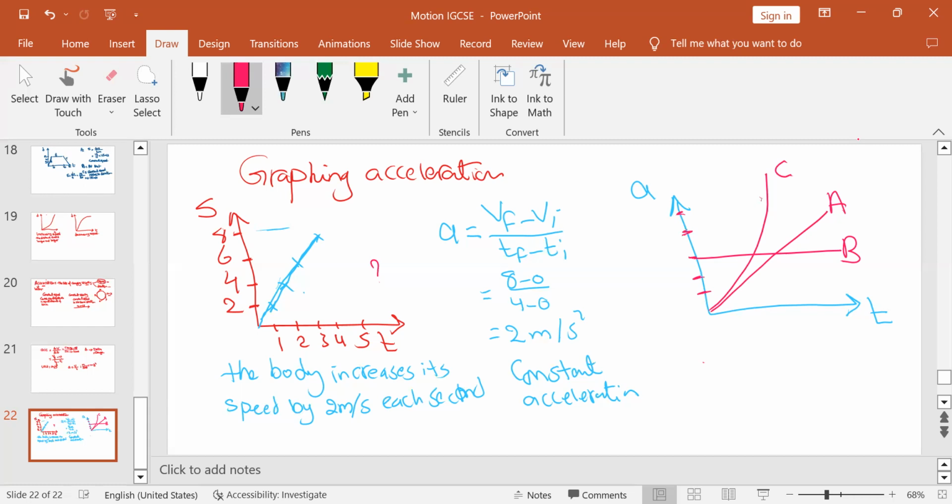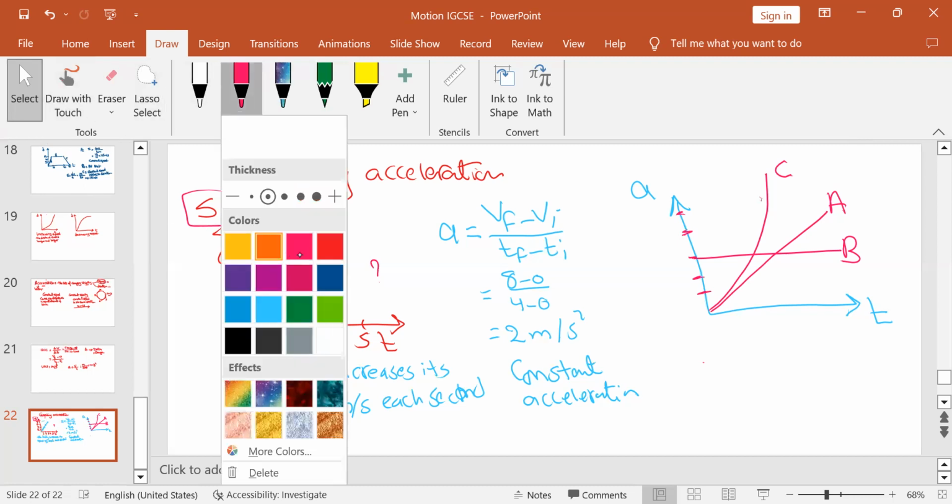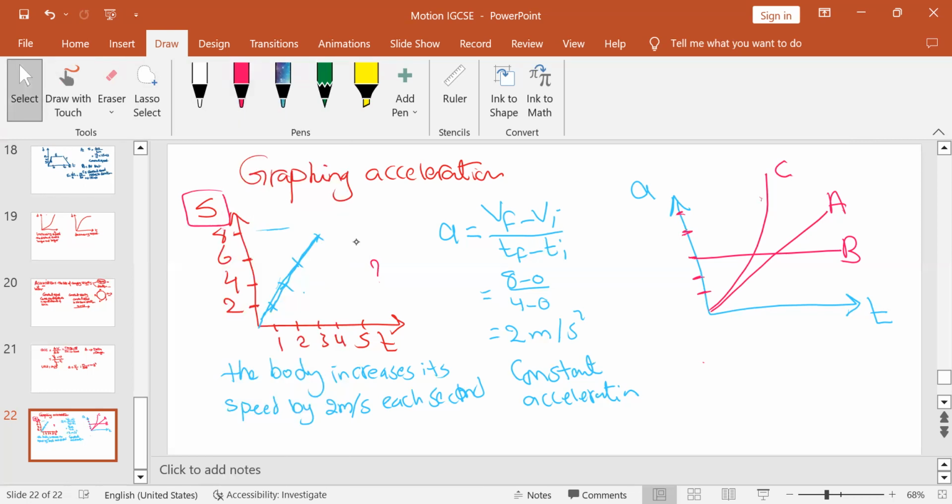In this speed time graph, does the acceleration increase? This is graph 1, okay? In graph 1, the acceleration is increasing.